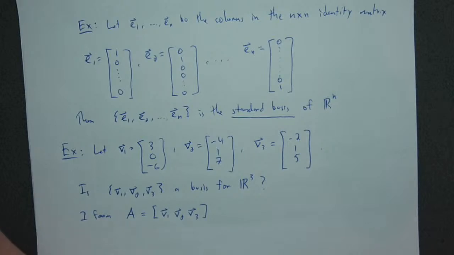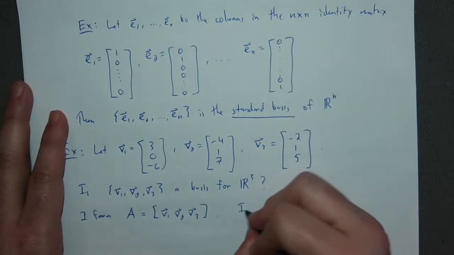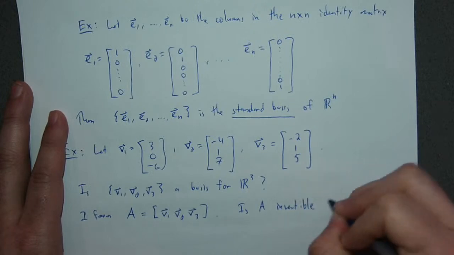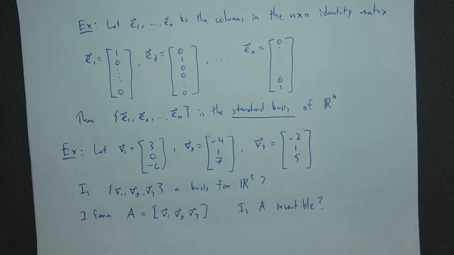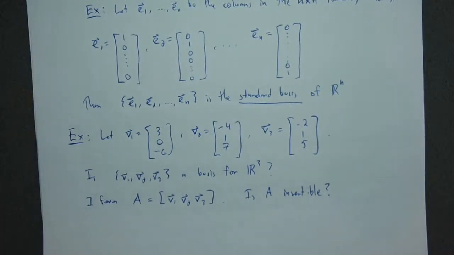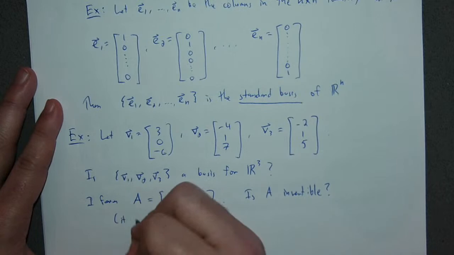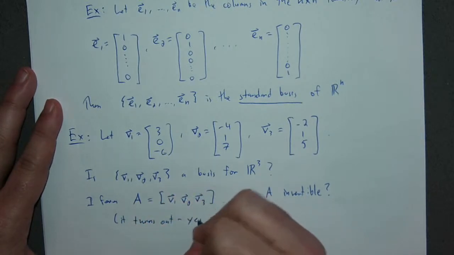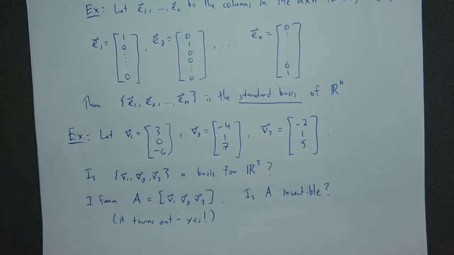And what do I want to do? I want to know whether or not this is invertible, right? So is A invertible? Now it turns out that this A is. There's a number of different ways that you could check. So it turns out, yes, it is invertible.